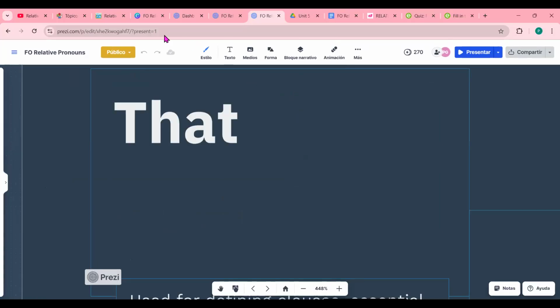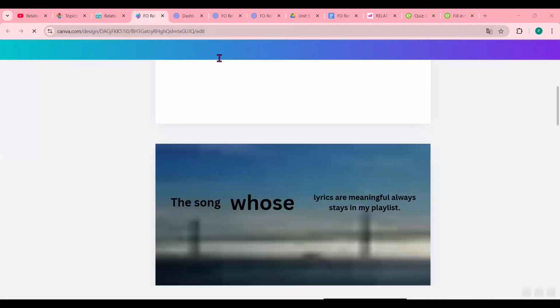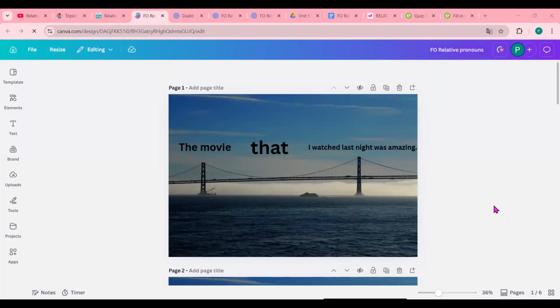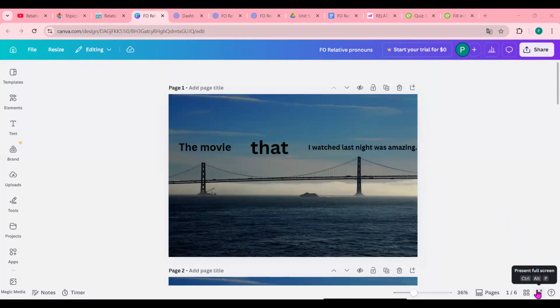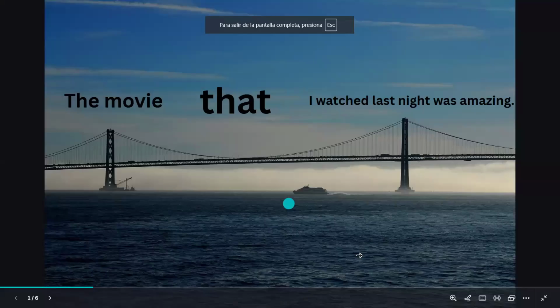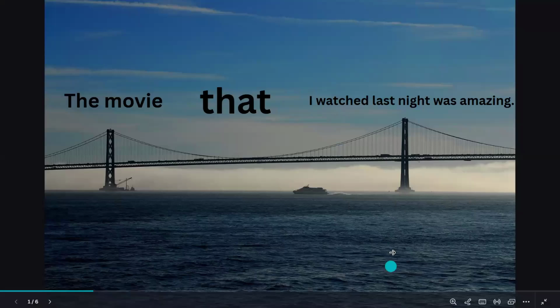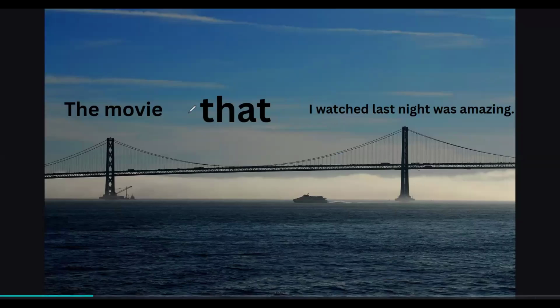Over here in these images, it is the same picture. To understand my complete message with relative pronouns, there are three parts.